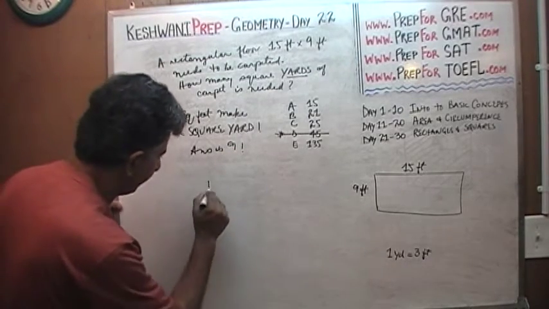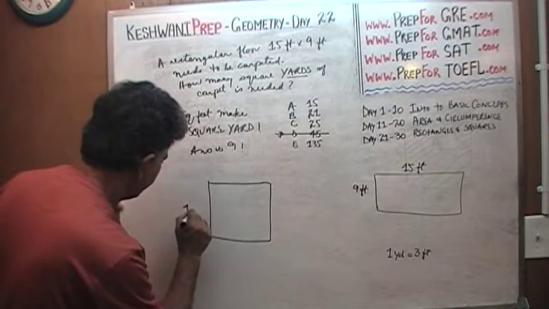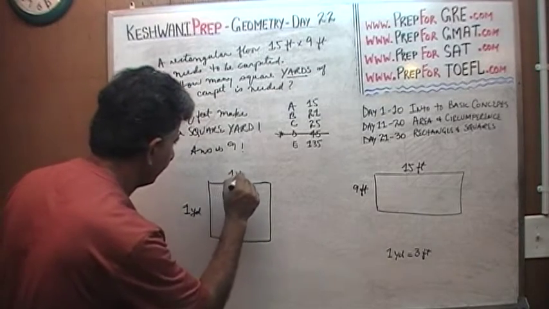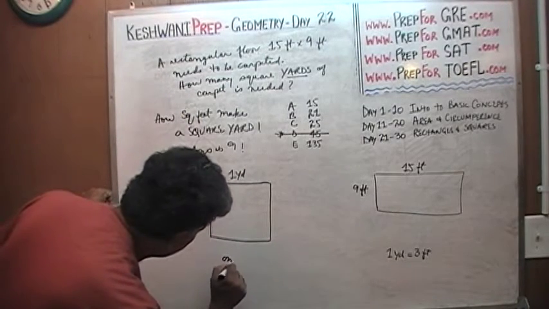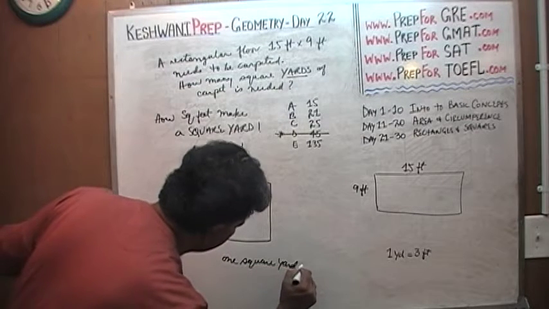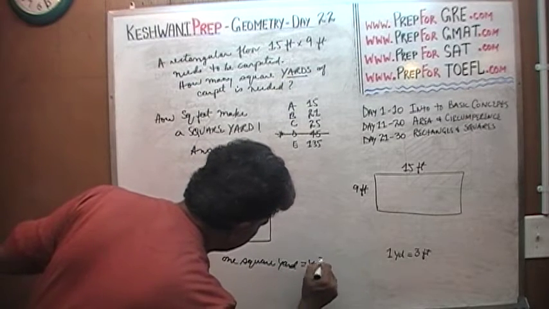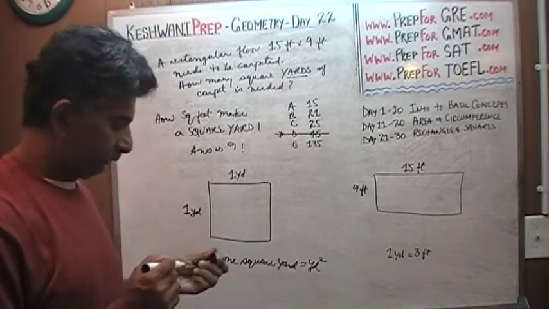Here, watch what happens. I have a square which is 1 yard by 1 yard. The area of this is 1 square yard, or as a mathematician would write it, 1 yard squared. How many feet in a yard?